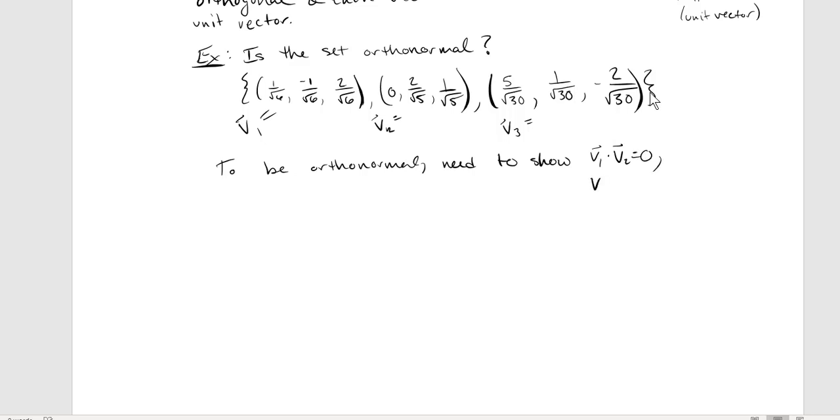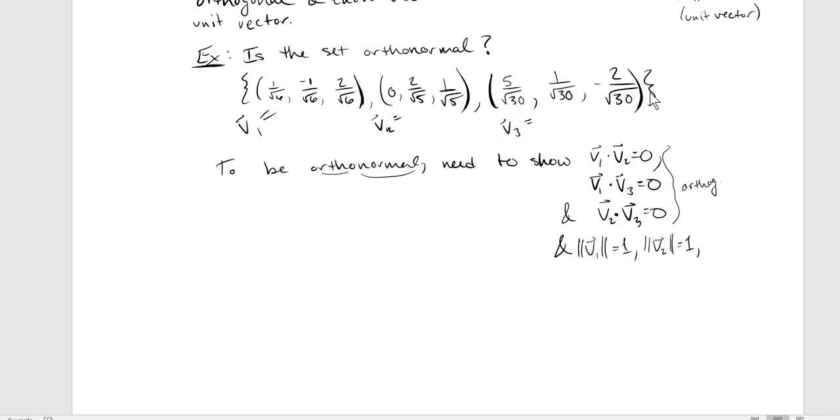We need to show that every pair of vectors here is orthogonal. Since these are vectors in Rn, that just means we're testing to see that their dot products are 0. Each pairwise dot product is 0. So that would be orthogonality, just to test those three things, and we need to see that each of their magnitudes is 1 if we want it to be orthonormal. Right? That normal part tells us we better have unit vectors only.